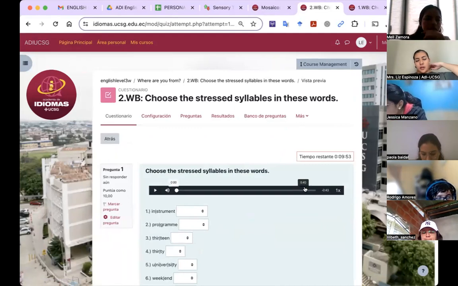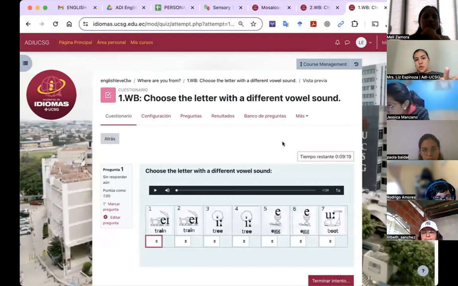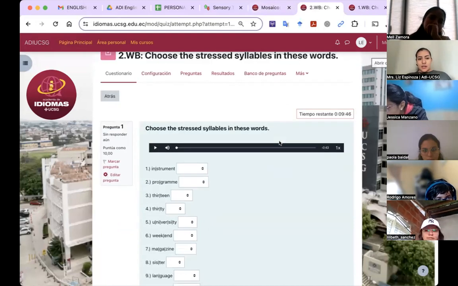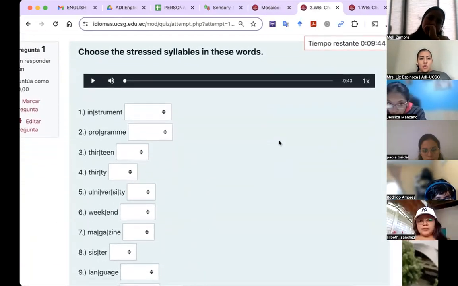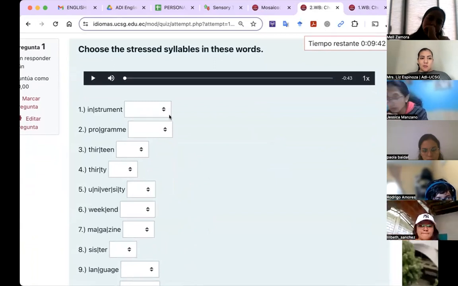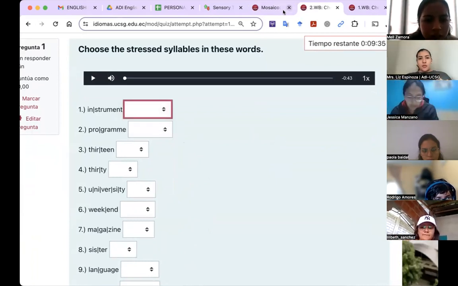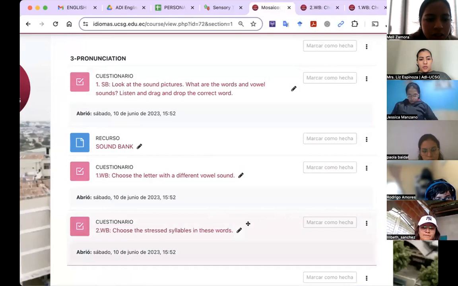We're going to do this one together, but number 2 you're going to do with your classmates. It says, choose the stressed syllables in this word. The one that is marked is instrument, or the one that is stressed, okay? So that one I'm going to put GW.